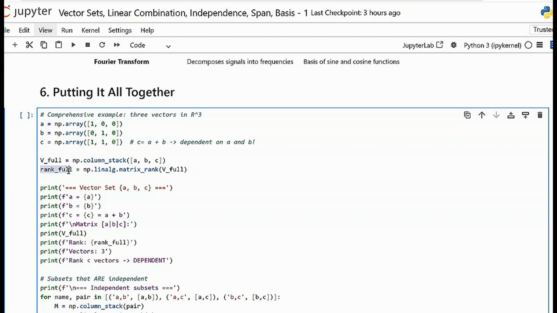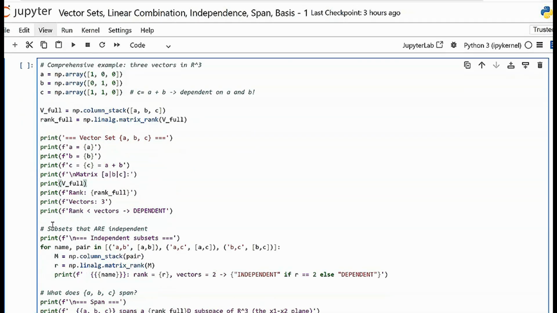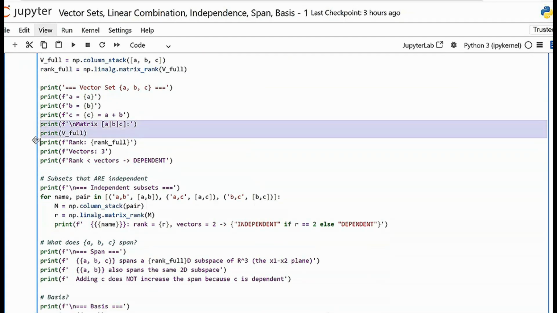The number of independent vectors is computed. Using the print function, it prints the vectors and explicitly shows the dependency, and it also displays the matrix.